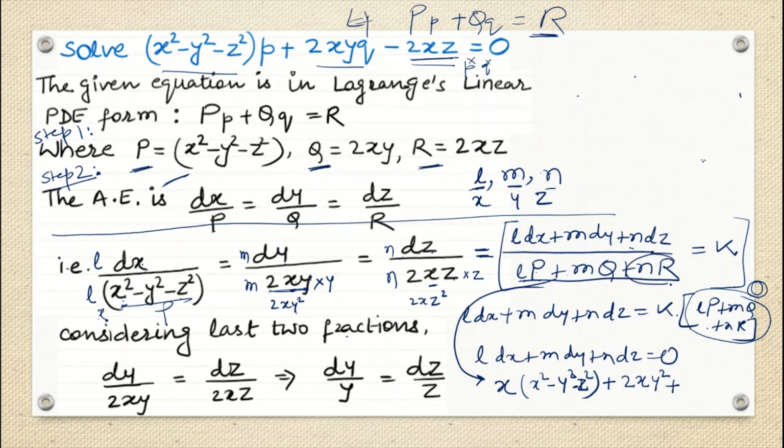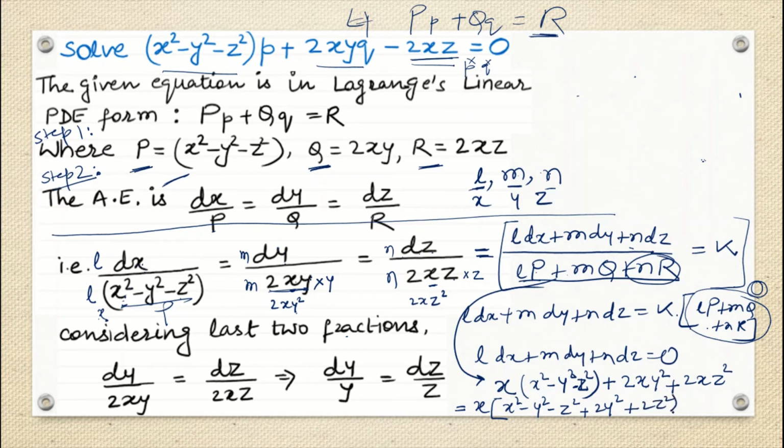So N into R will give me 2xz square. And what will this give me? If I take x common from each and every term, right, here only I am taking x common, it is now x square minus y square minus z square plus 2y square plus 2z square.